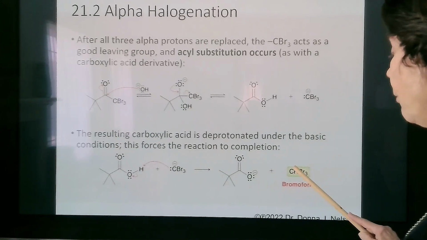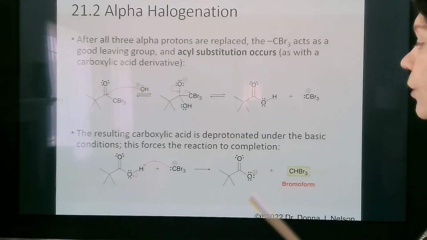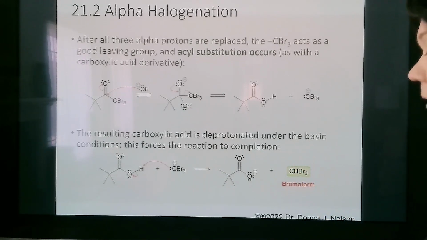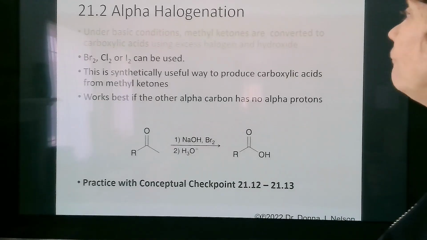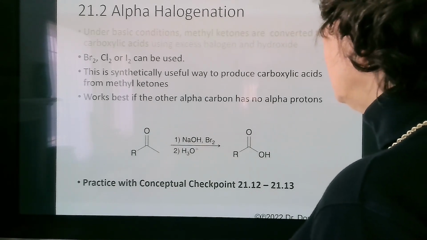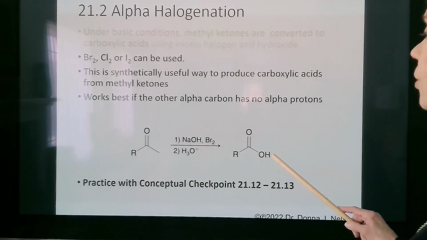So that's iodoform. This reaction is sort of famous. Sometimes it's called the iodoform test for methyl ketones.